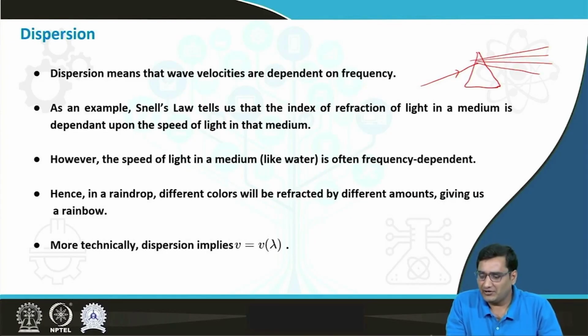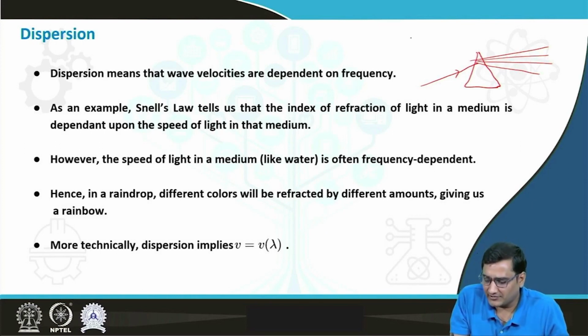This phenomenon, where the light gets deviated into different angles and distributed in the form of different colors, is known as dispersion, and in the case of light it is known as physical dispersion.